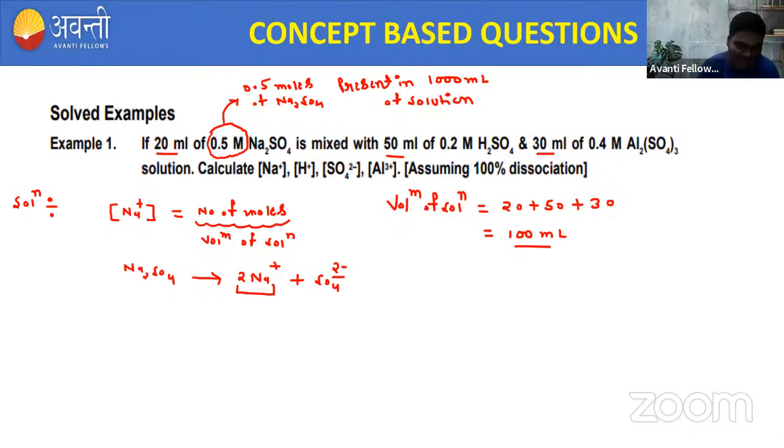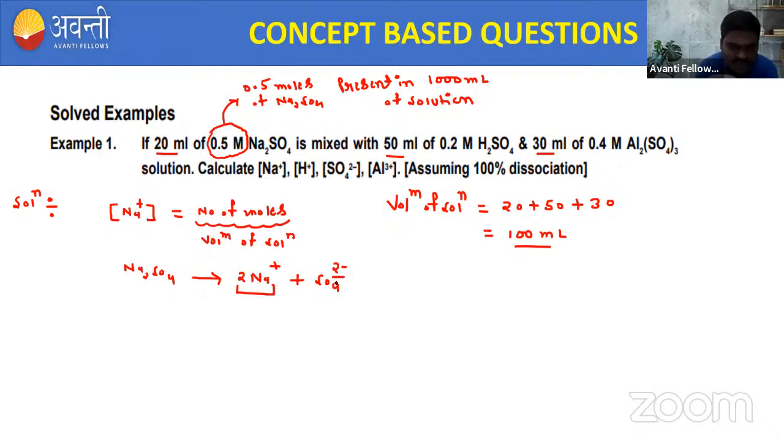We know that 0.5 molarity Na2SO4 is mixed, so 0.5 mole of Na2SO4 is present in 1000 ml of the solution. Now 2 mole of Na and 1 mole of SO4 is produced.